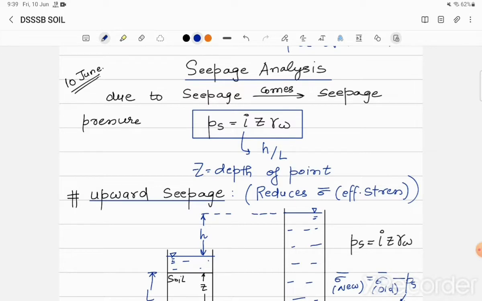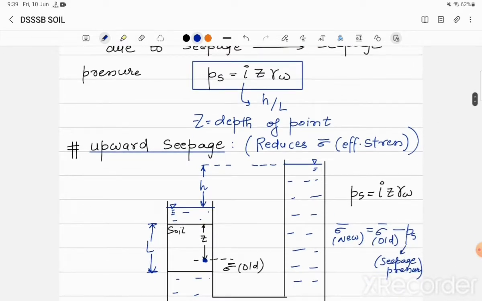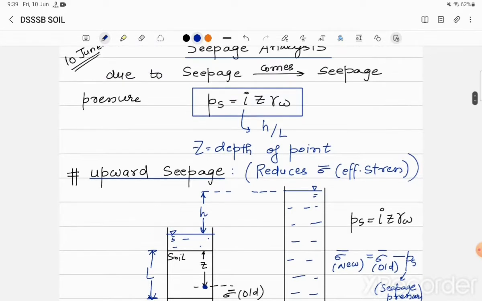From the last lecture we have seepage pressure as PS equals i z gamma w, where i was the hydraulic gradient given by h by L, and z was the depth of the point in the soil sample where we ought to see the seepage pressure.